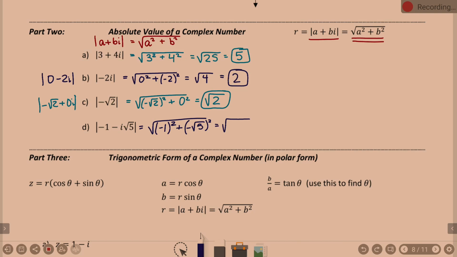Okay, well, negative 1, when you square it, is going to be 1. Negative 1 times negative 1 is positive 1. What do you get when you square the square root of 5? You get 5. When you square a negative, you get a positive. 1 plus 5 is 6. What's the square root of 6? I'm going with square root of 6.